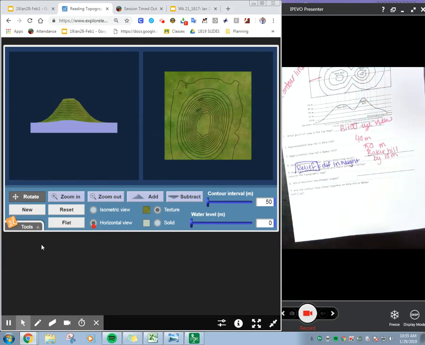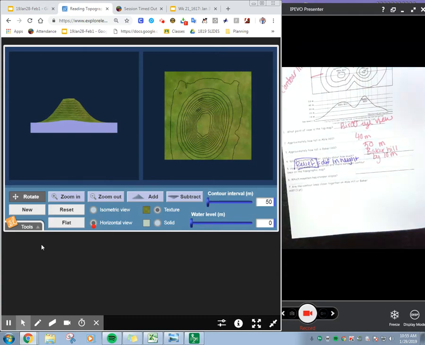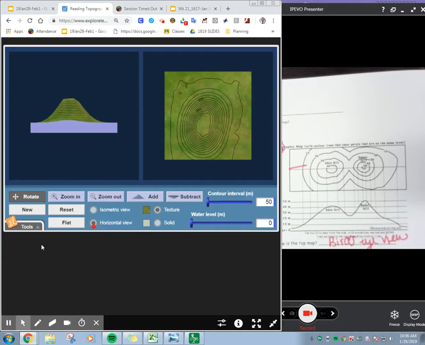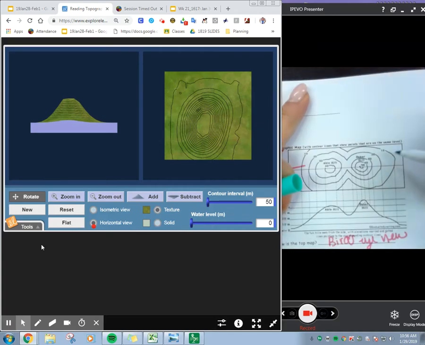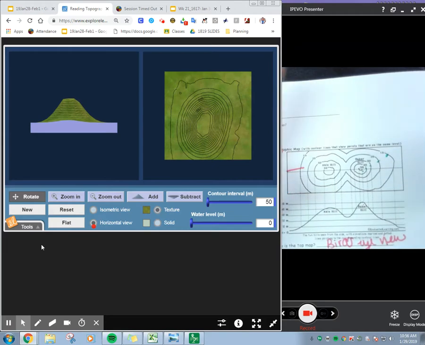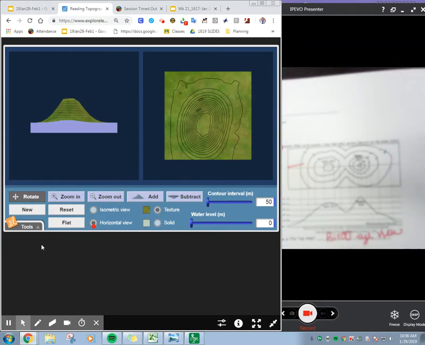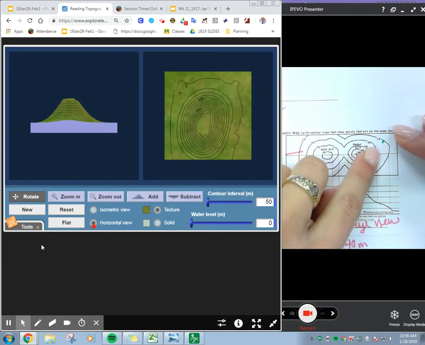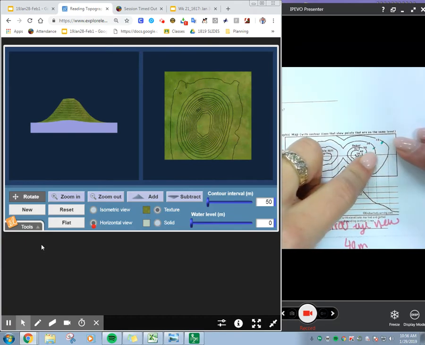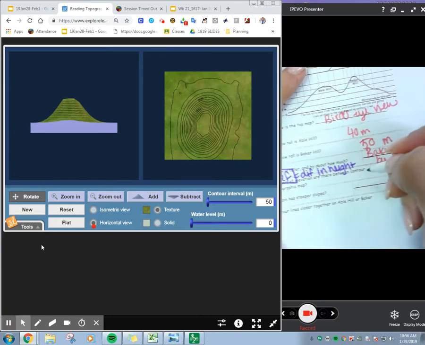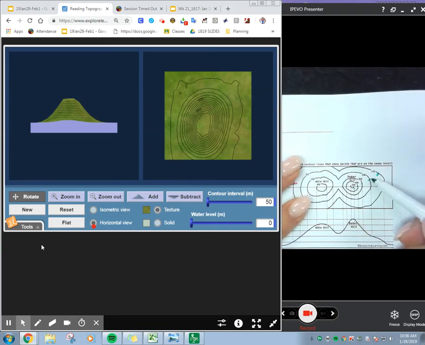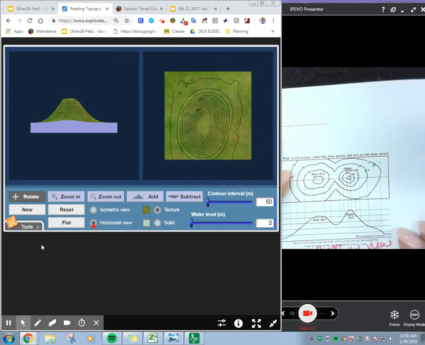Okay, number 5, how many meters of elevation are there between contour lines? So remember I told you how contour lines shape the earth? These are contour lines right here. Contour, contour, contour, contour, contour. On a topographic map, you're always going to have the same amount of distance between contour lines, always. So 10, 20, 30, 40, 50. Notice how it goes up by tens. So that means there is 10 meters from line to line, always.